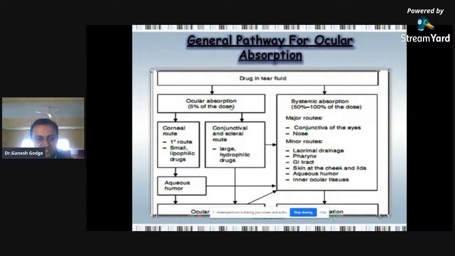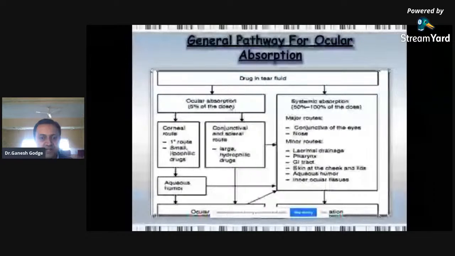The corneal route is capacity limited. Small particles, lipophilic drugs, can enter through this corneal route, and through the non-corneal, conjunctival or scleral route, large molecules or hydrophilic drugs can enter.